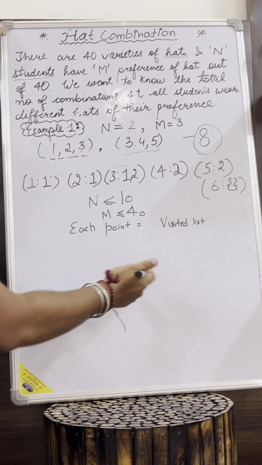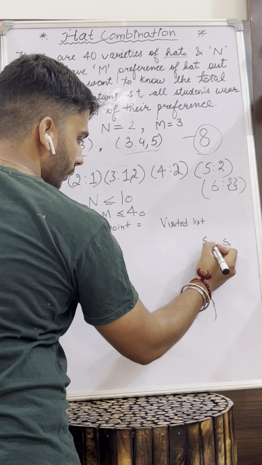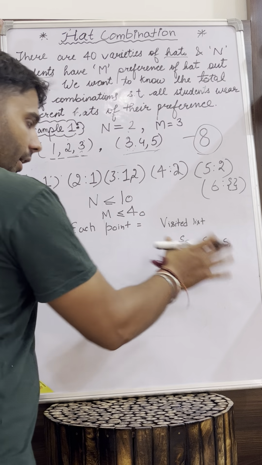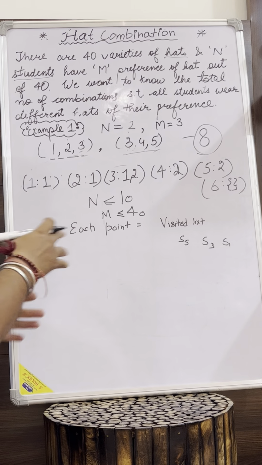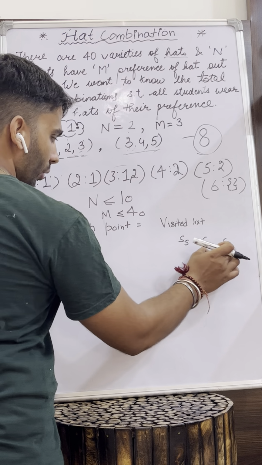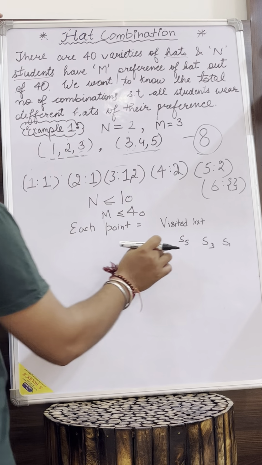So suppose we want student 1 is done, student 3 is done, student 5 is done, right? And we want to maintain this list at every point, when we are collecting and calculating all the possible combinations. We want, at each and every point, the visited list at this particular point.